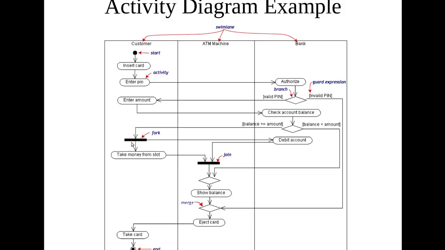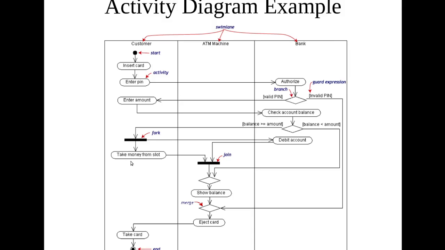This is a fork command. Fork means from here two processes are going to execute. One you can see is in this direction, debit the account, and one is take money from the slot. So two actions will take place from here: the account is debited, and money will also be delivered.